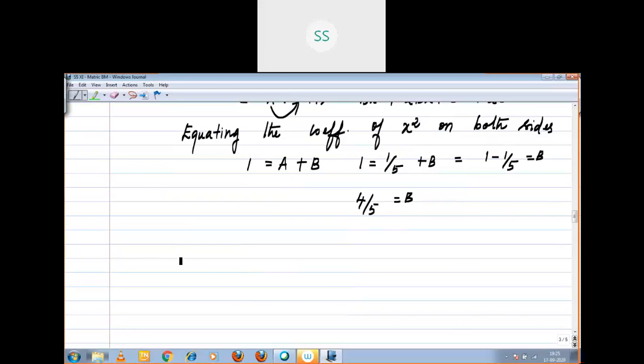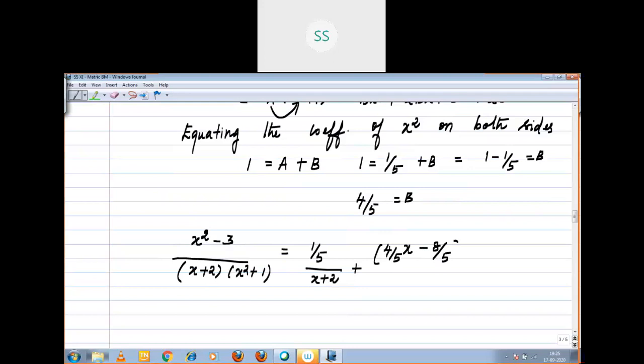Now I am going to write the single fraction as simpler fractions. (x² − 3) divided by (x + 2)(x² + 1) equals A, what is your A? 1/5 divided by (x + 2), plus B, what is your B? 4/5 x.